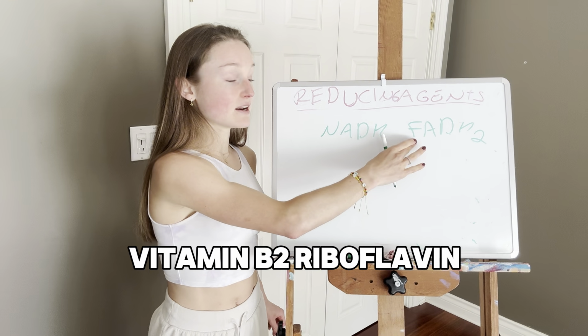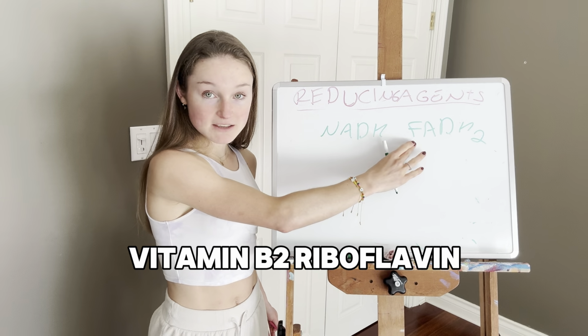If you're not getting enough riboflavin, you cannot make FADH2. Deficiencies in riboflavin will also impair glucose metabolism, fatty acid metabolism. So NADH and FADH2, these are two very metabolically important reducing agents.